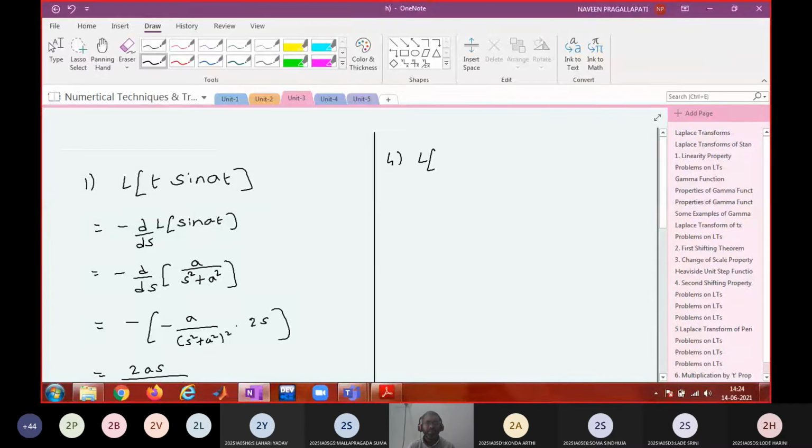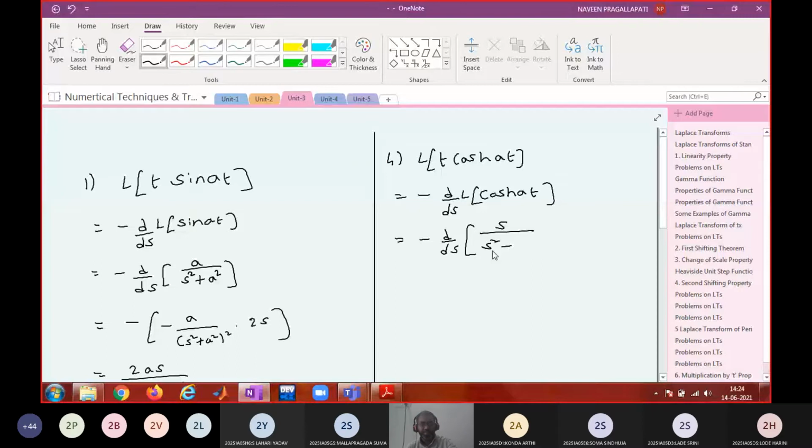Find out Laplace of t cosh at. So this is minus d by ds of Laplace of cosh at. So this is minus d by ds of s by s square minus a square. Can you tell me the simplification?